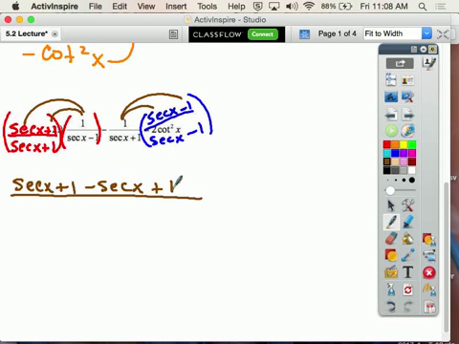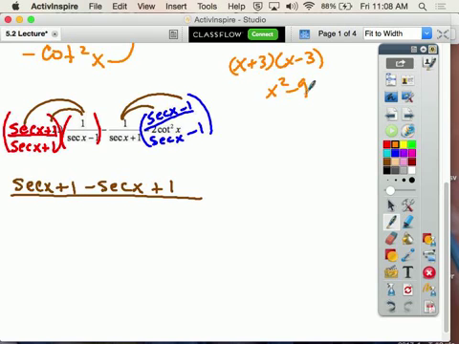Down below, just like when I have x plus 3 times x minus 3, and I FOIL this out and get x squared minus 9 because the 3x's and the minus 3x's cancel out, these things on the bottom, the common denominator, are the same idea. I have a secant plus 1 times a secant minus 1.